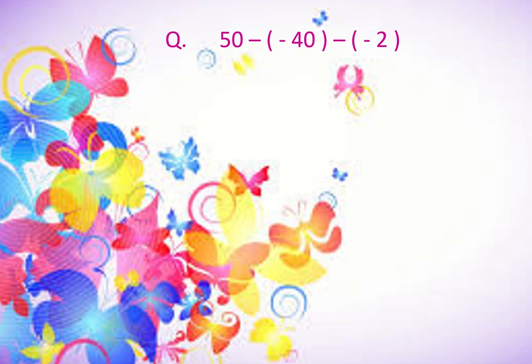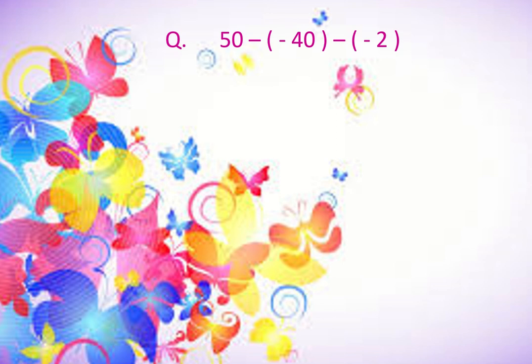Next question is question number 4, D part. Just do the calculation step by step. You know the rules now, how to do the calculation. Before starting the calculation, just think about like integers or unlike integers.